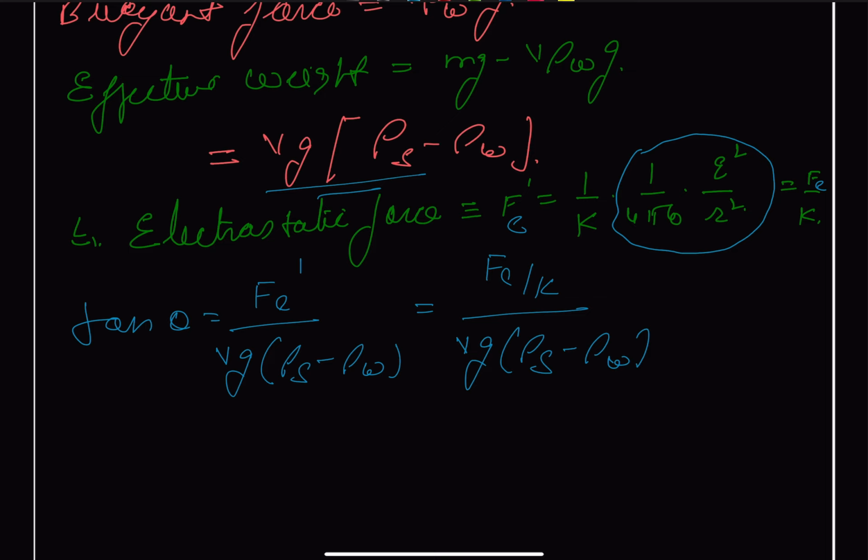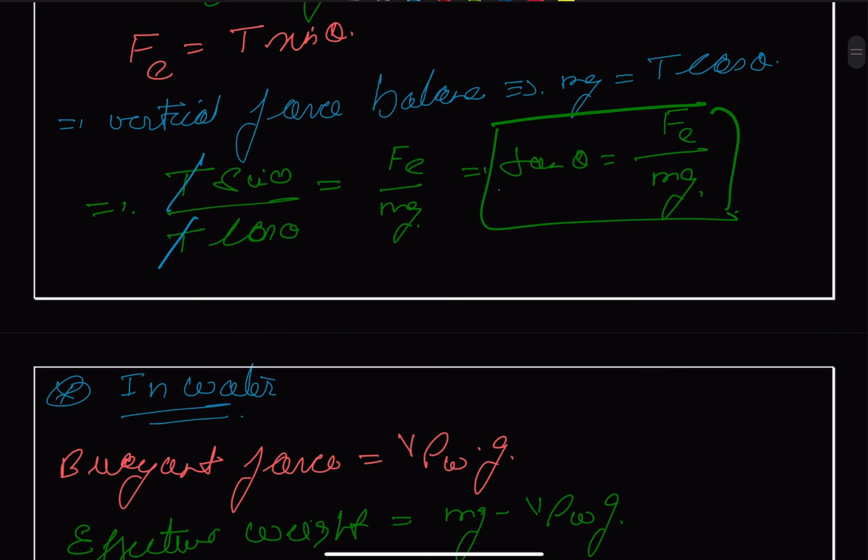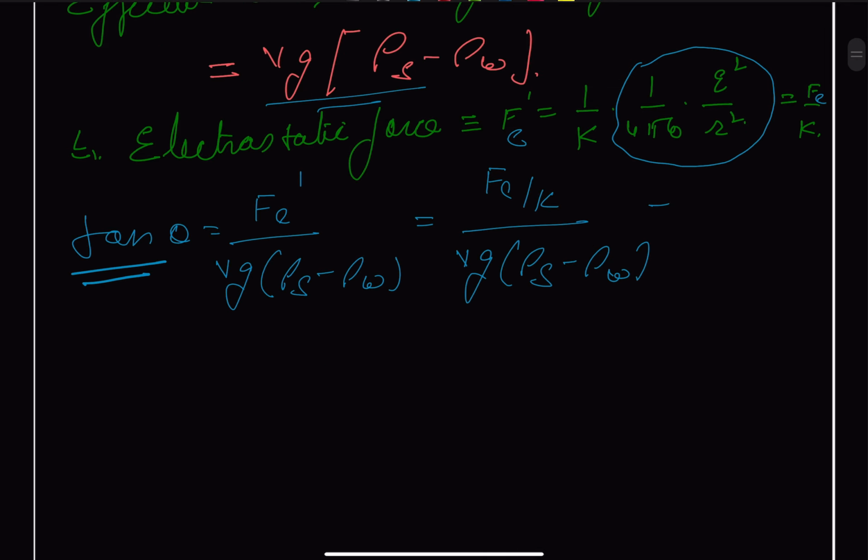And because the angle has to be the same, this tangent theta and that tangent theta should be the same. Let us call this equation number 1, and this equation number 2.